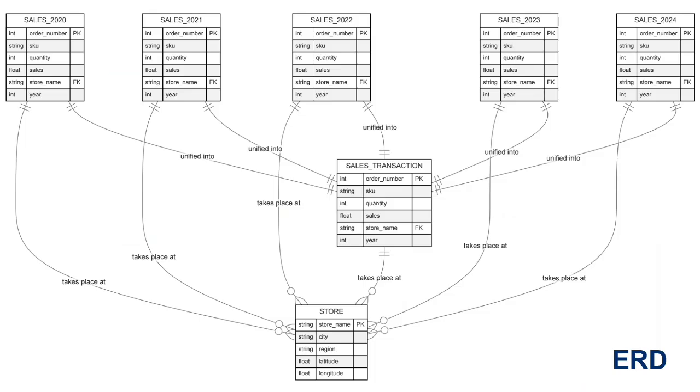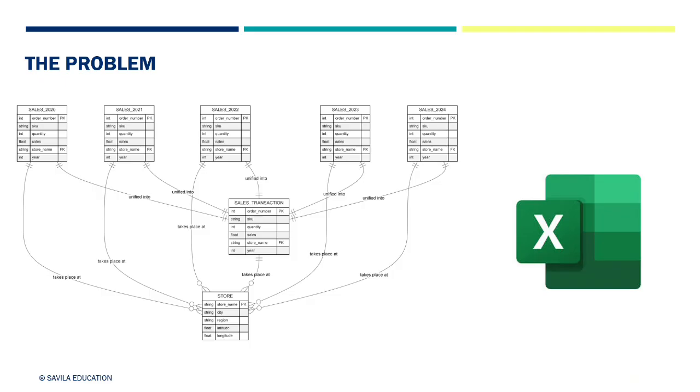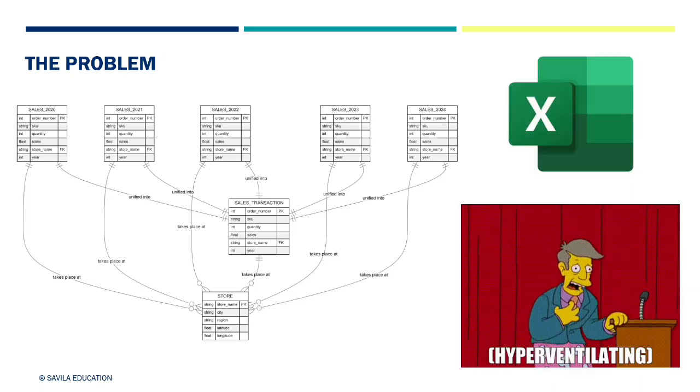This is summarized in this entity relationship diagram. It sounds complicated, but this is exactly what we need to do. We need to make a final combination of the 5 different yearly transaction files and the store location file. If you're thinking, if we're only using Excel, how do we deal with this problem, and you start hyperventilating, don't worry.